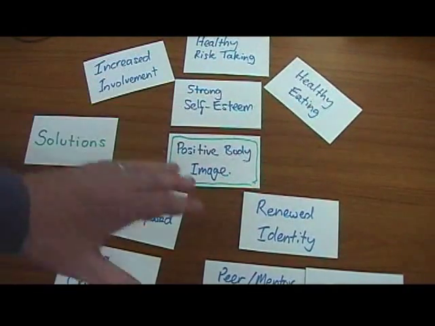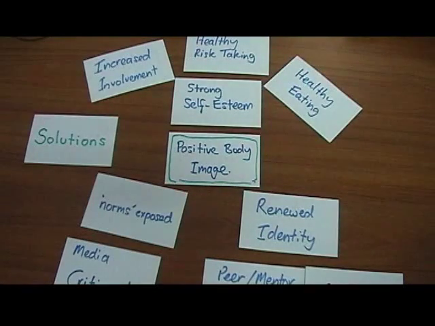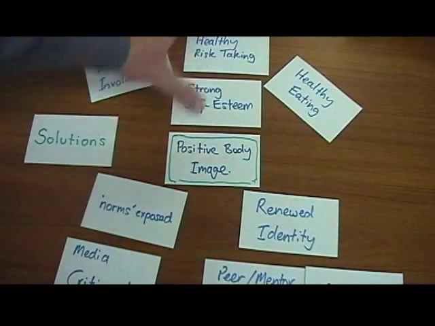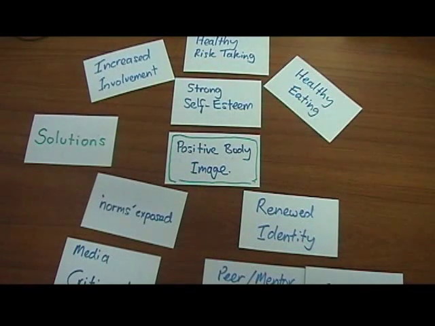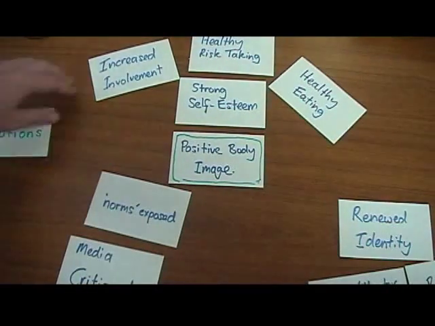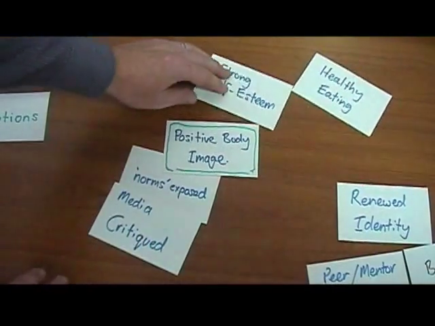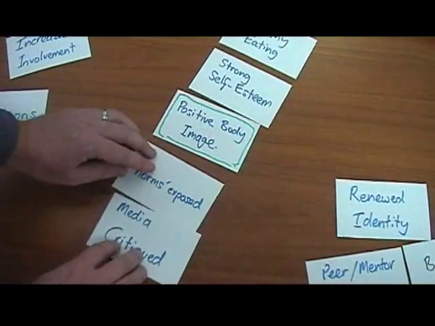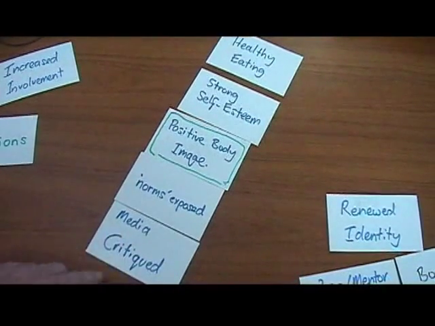Now, as a youth worker, you can't be everything to everyone. You can't solve everyone's problems. So what we're going to do is group some of these sections and look at just one issue that you could tackle. So one of the things we could do, let's move these to the side, and these ones. Let's just say we focused on critiquing the media.